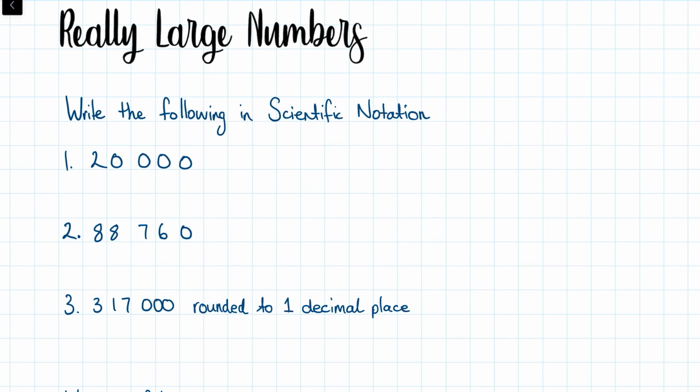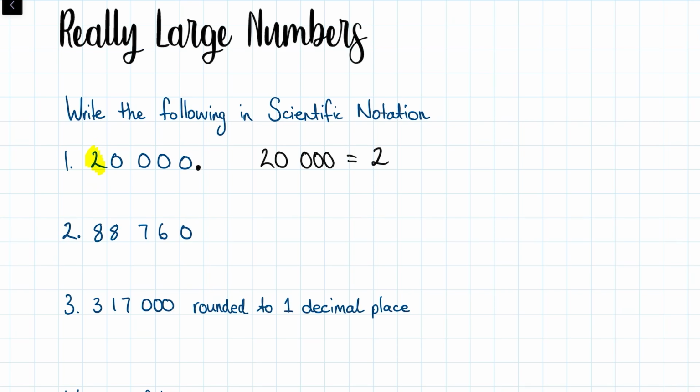Along the way here, as I've completed an example, can you pause and write that down? So let's look at this first number, the number 20,000. Well, the number 20,000, the decimal point is at the very end of it. So to write 20,000 in scientific notation, I need to identify the first number that is not 0. So the first number that is not 0 is the 2.